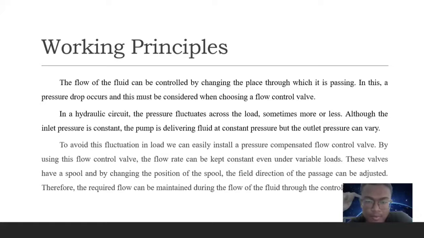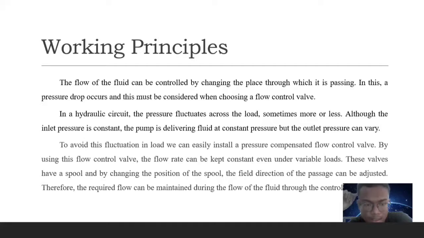The pump is delivering fluid at constant pressure, but the outlet pressure can vary. To avoid this fluctuation, we can easily install a pressure-compensated flow control valve. By using this flow control valve, the flow rate can be kept constant even under a variable load.